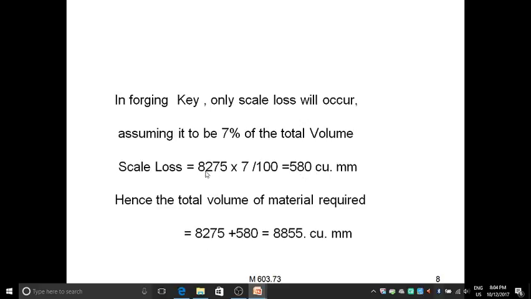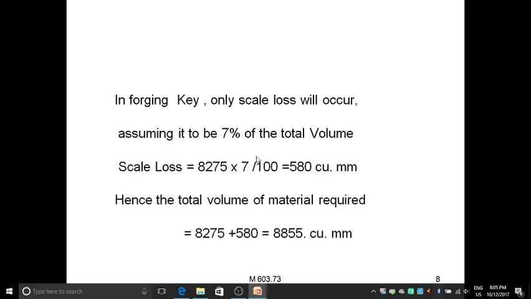So here the net volume is this, right? So 8275, you sum up this value here. Otherwise you can multiply by 1.07, and you will get the direct value, 8855 here. So 8275 may be multiplied with 1.07, you will get this value.